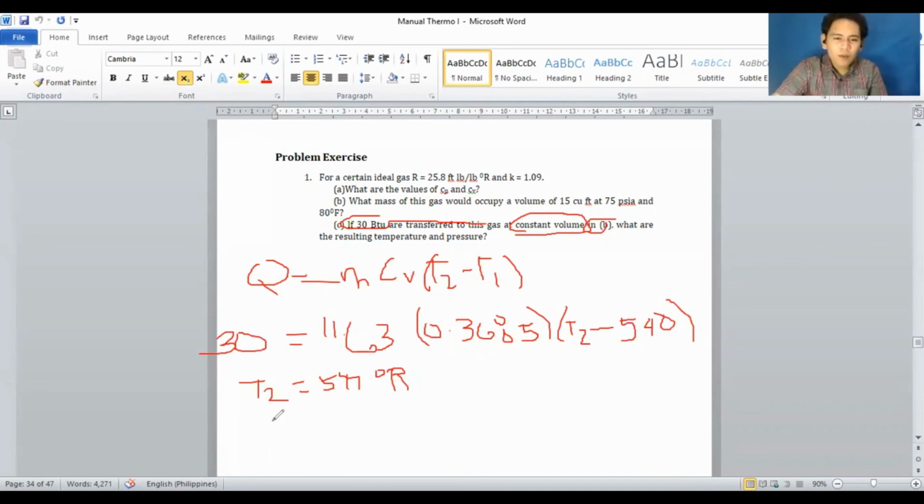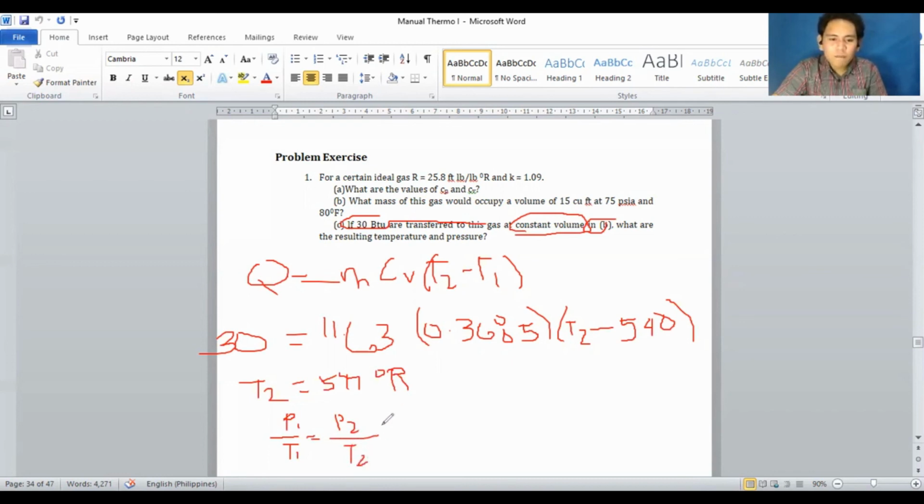Now, what is your resulting pressure? We have the equation P1 over T1 equals P2 over T2.